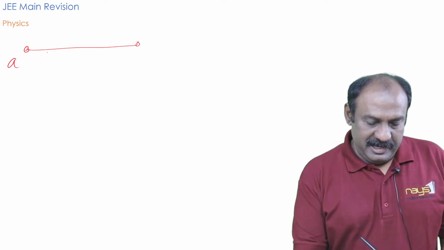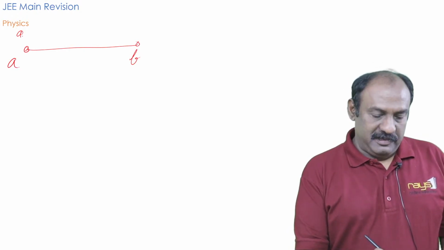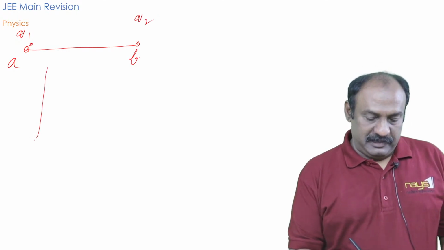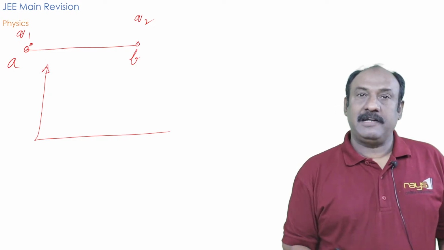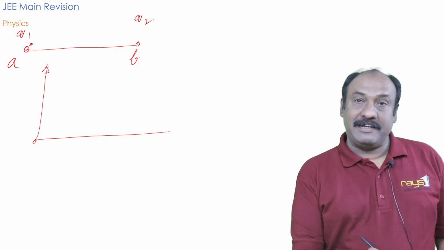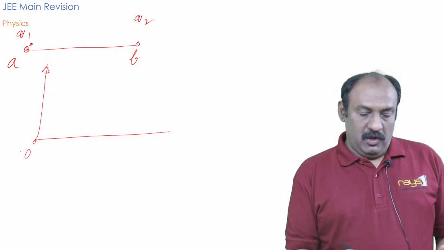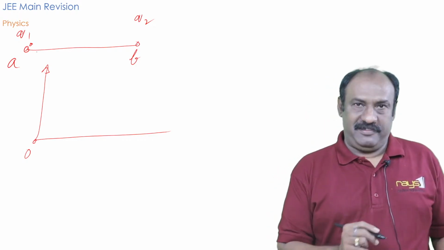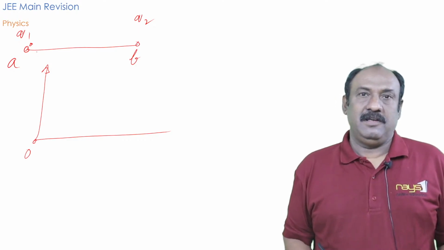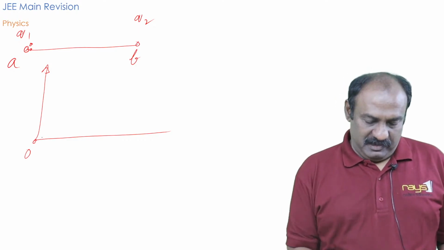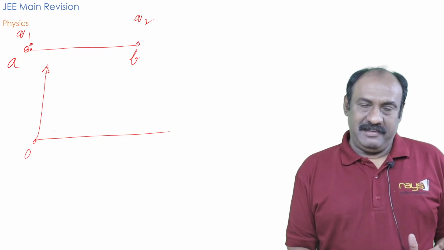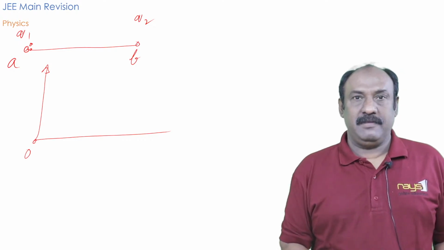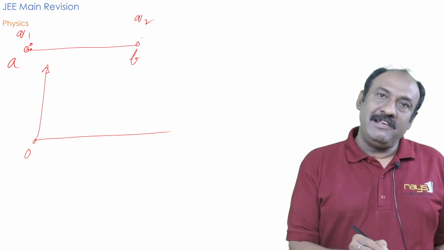Now which one is positive and which one is negative? See here, it is A, it is B, with some charge Q1 and some charge Q2. Q1 is at the origin. Just near the origin, the electric field intensity due to Q1 is maximum and due to Q2 is minimum.